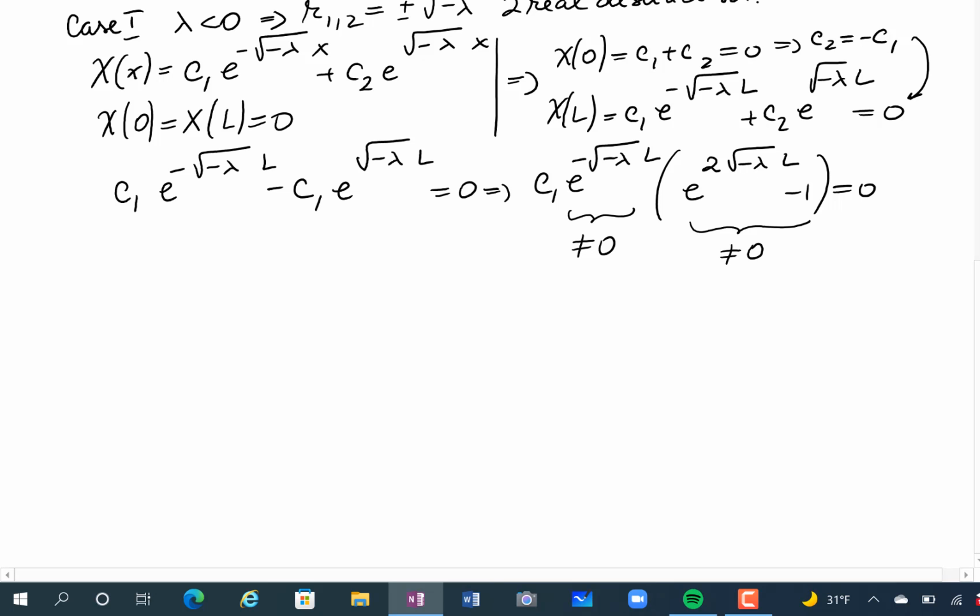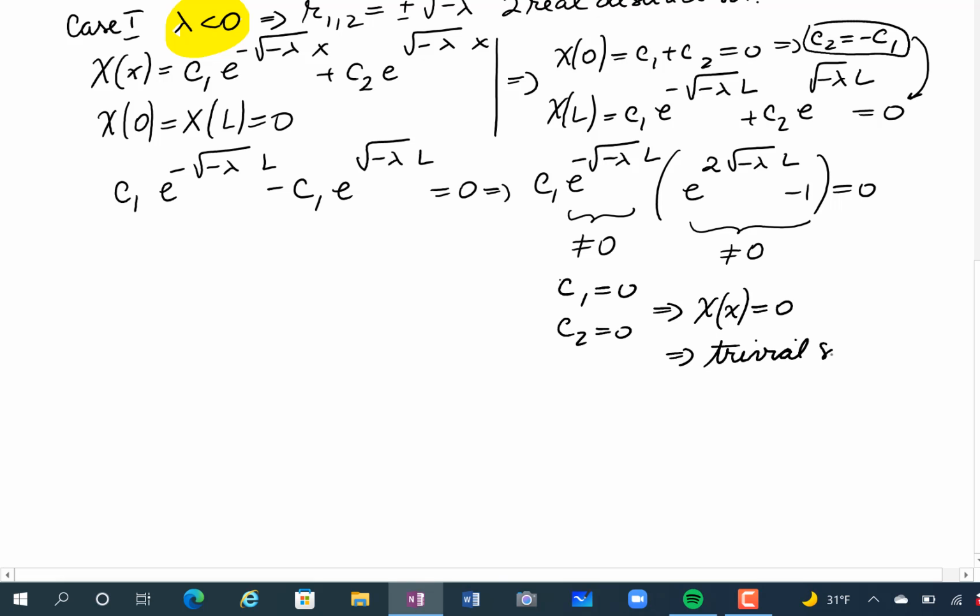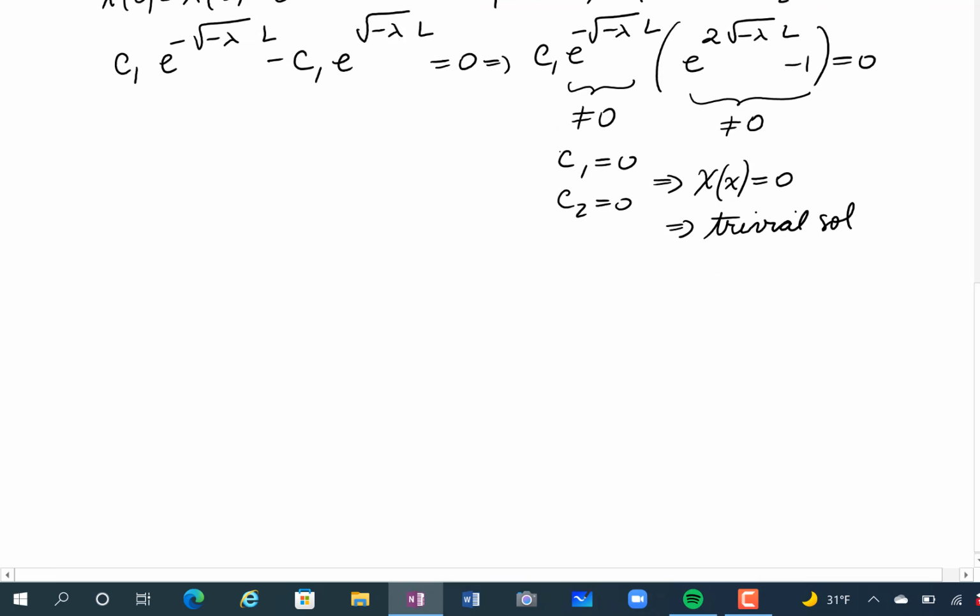Lambda is 0, but in our discussion we started with lambda being less than 0, so it cannot be 0. So the only possibility that we have is C1 equals 0. That would mean C2 is also equal to 0. So X of x is going to be 0, which gives the trivial solution. The u of x and t will be 0 as well.